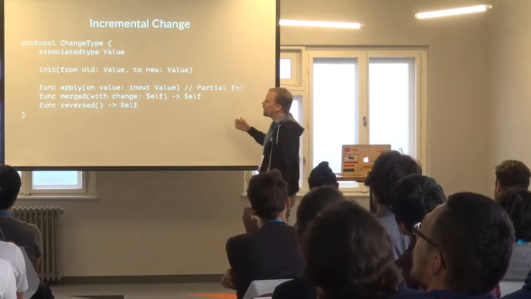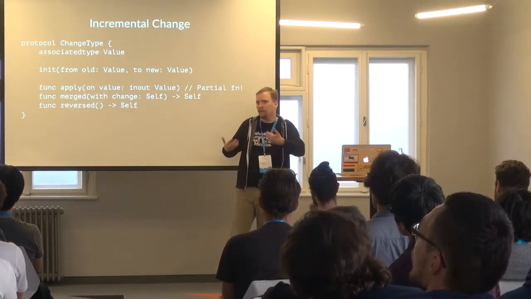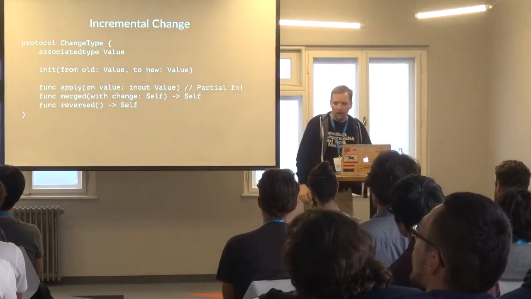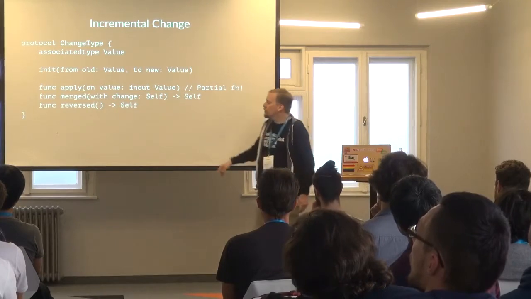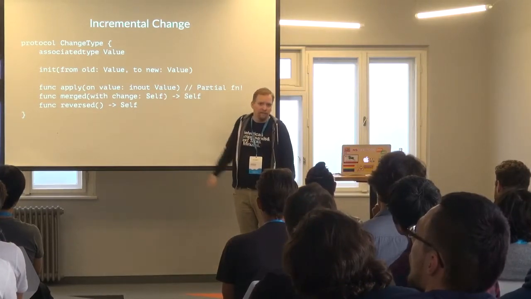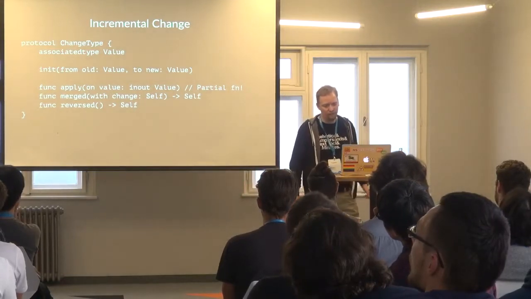And we should be able to create a change from an old value to a new value. This just describes the difference between them. The most important operation that a change can do is to apply itself to a value, to just add the difference to get the next one.